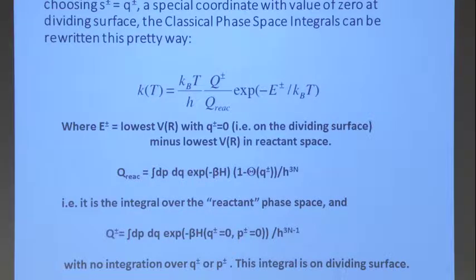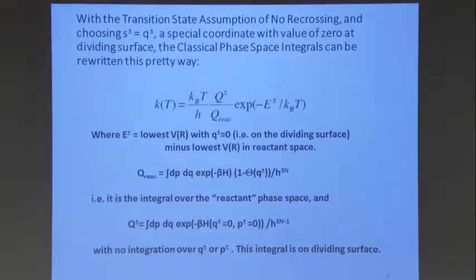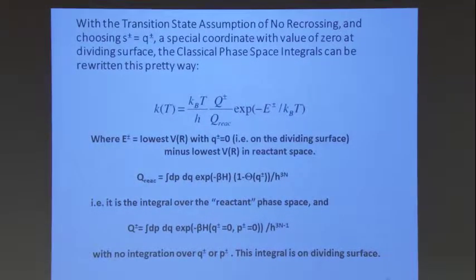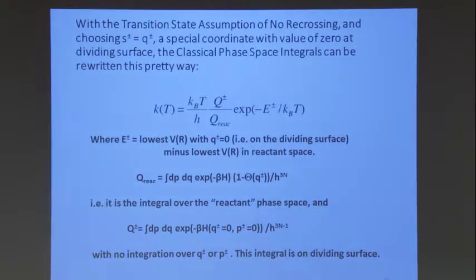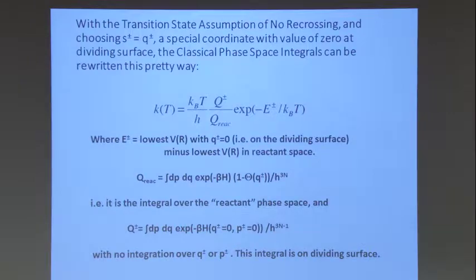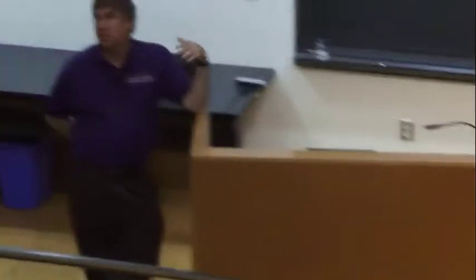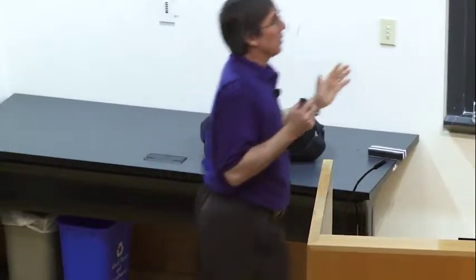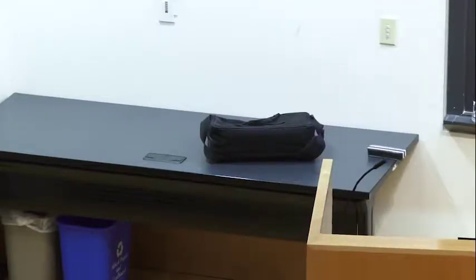And you can rewrite them, as we showed, with a special case where you draw the dividing surface at a special place. The best place to draw it is actually at the saddle point. So you find a saddle point in the mountain. That's the mountain pass. When you're climbing up the pass, you say, hey, I'm at the top.